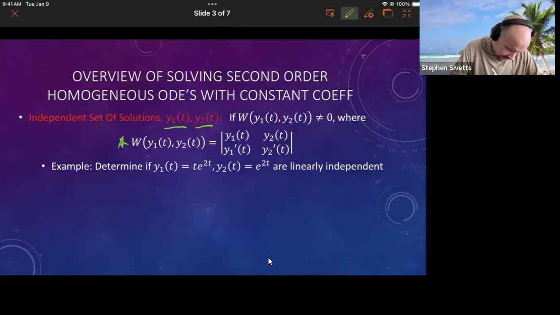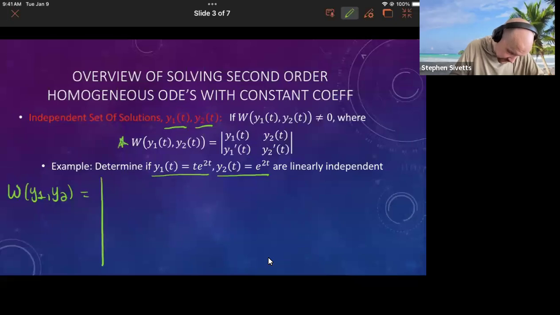Let's go over an example on showing if two functions are linearly independent or not. If we have y1 of t as t times e to the 2t, and y2 of t is e to the 2t, we have to show if they're linearly independent. So the Wronskian of y1, y2 equals the determinant of this matrix. y1 of t is just t times e to the 2t. y2 of t, this spot, would be e to the 2t.